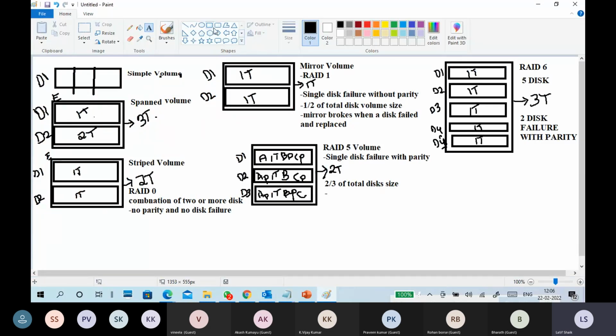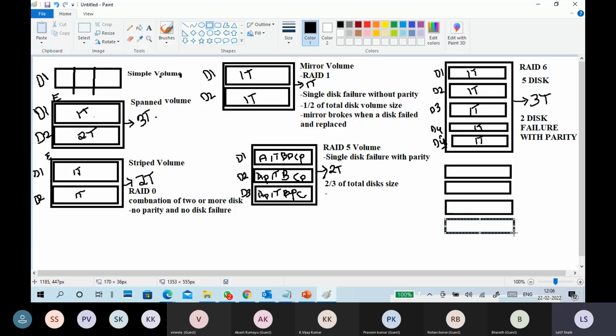So like this, you can get it. For example, what is RAID 0? Striped volume. What is RAID 1? Mirror volume. So I'm combining like this. Just for understanding, think like these two are a mirror. If a disk fails, no problem.